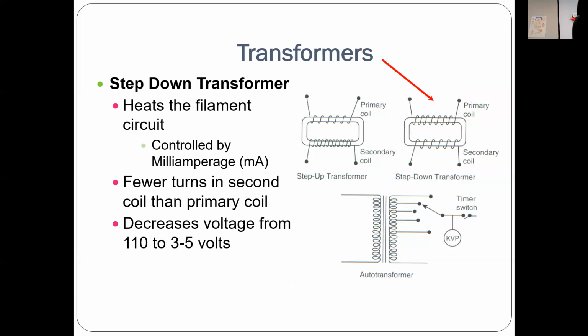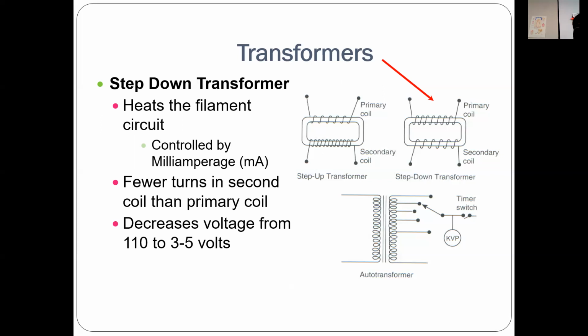Why do they need to step it down? When you do your first step and create that electron cloud, they have to take that 110 volts coming out of the wall and reduce it down to 3 to 5 volts. So it's quite a step down. To get your initial cloud formation of electrons, you don't need 110, you just need 3 to 5.